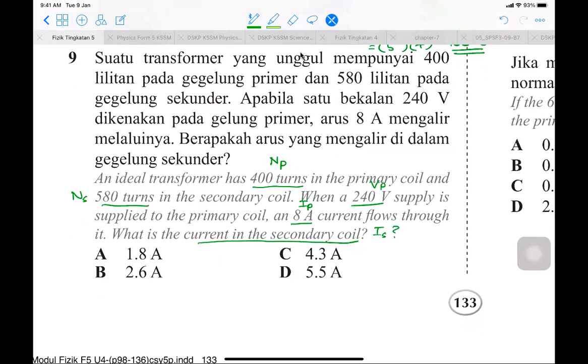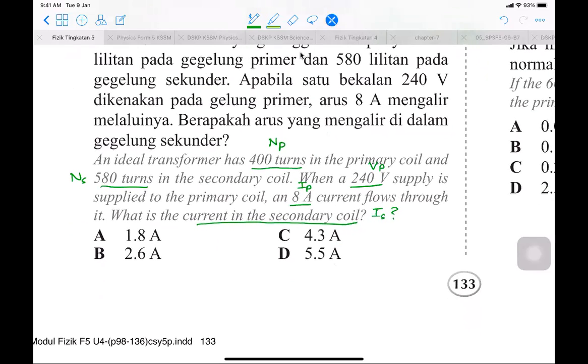VS. Cari VS dulu. Answer is D. Leandra bilang D. Yang lain? Check. Yeah, answer should be D. Yeah, D.